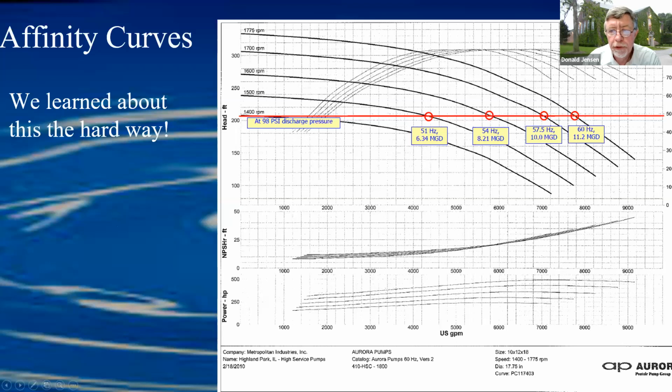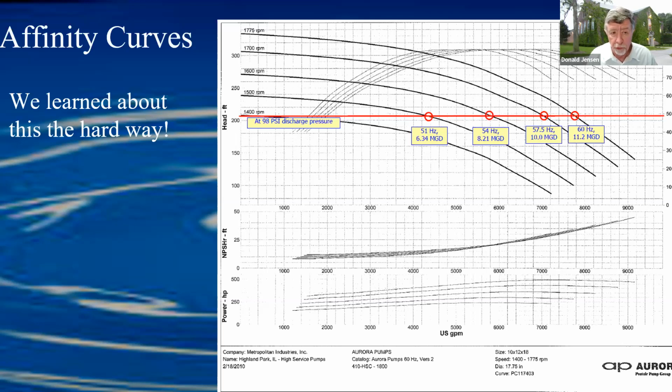These are affinity curves, an idea of what we're able to get out of these pumps at various speeds with our standard pressure of 98 psi leaving the plant. And we found out the hard way when we first got the first VFD pumps in 1994. We had 0 experience with those. I had none in my previous career.